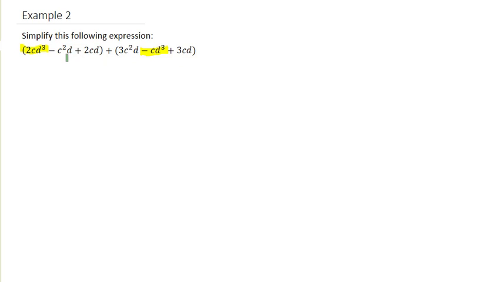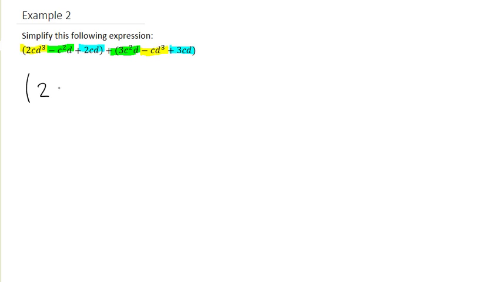Next, let's find c squared d and see if there are any other ones, which we can see there's one right here. And then finally, we have just 2cd and then 3cd. So let's go ahead and rewrite this so we can look at it and combine.